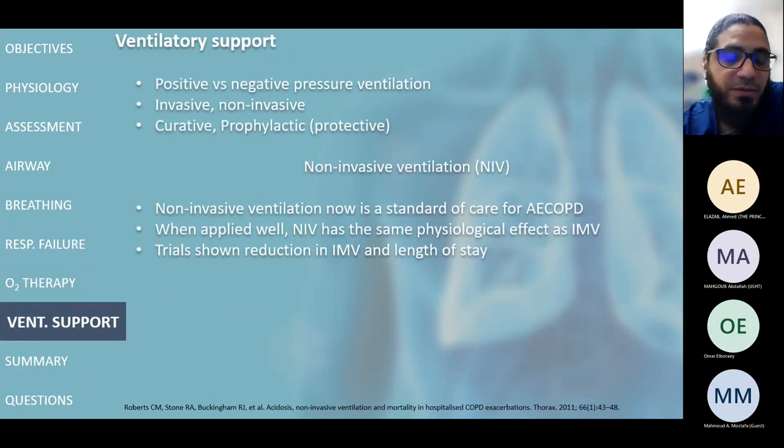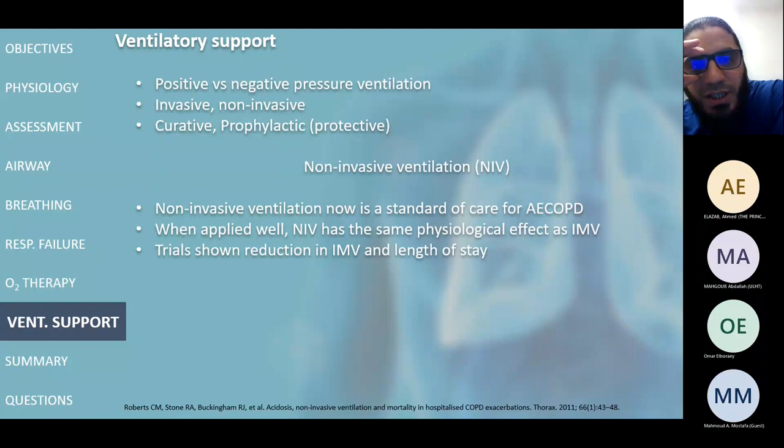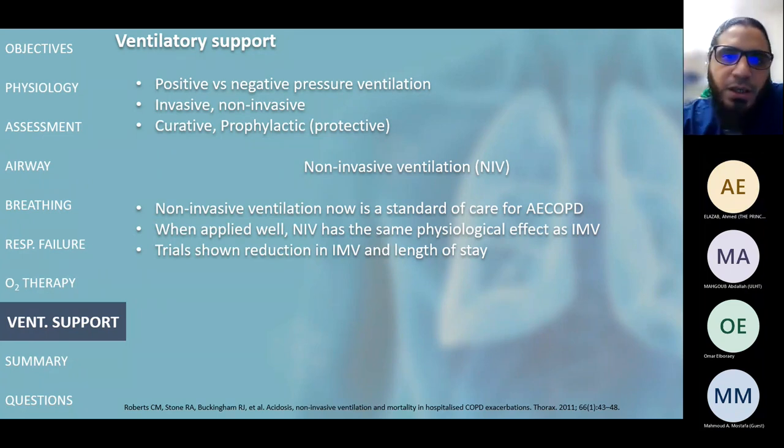The next step in the respiratory support, if you have exhausted all the means of oxygen delivery and the patient is still deteriorating, this will be the time to think about ventilatory support. Ventilatory support is a very big and wide subject and has so many types and varieties.